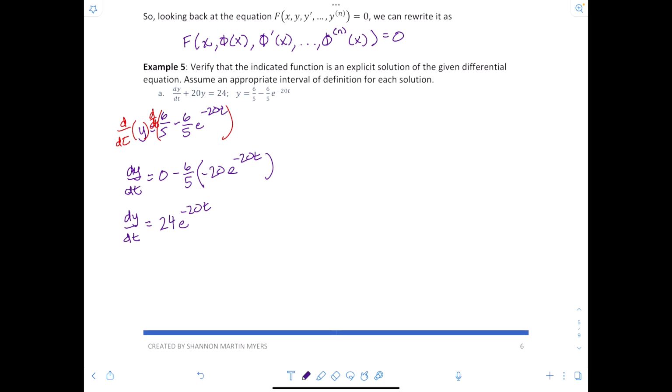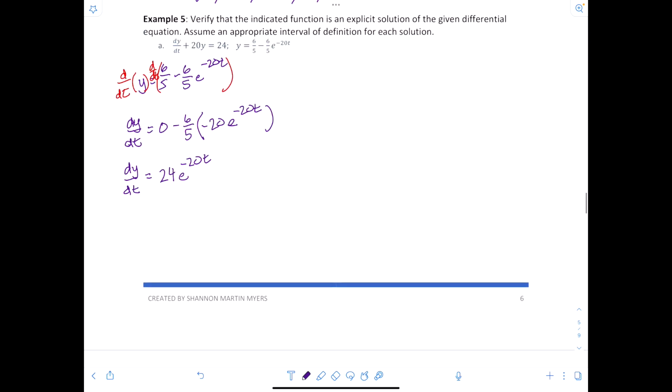So now let's look at verifying it. We've got the derivatives. So the left-hand side of the equation is dy/dt plus 20y. And that, when we plug in what we know, is 24e to the negative 20t.